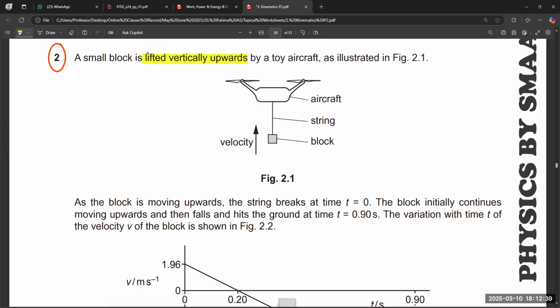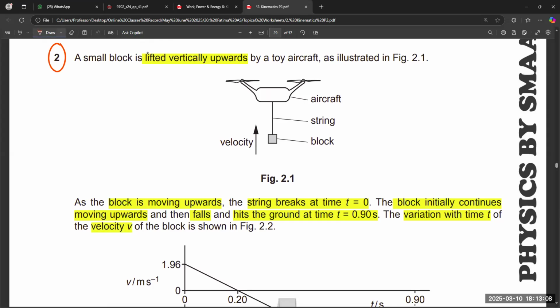As the block is moving upwards, the string breaks at time t equals 0, and the block initially continues moving upwards and then falls and hits the ground at time t equals 0.9 second. The variation with time t of the velocity v of the block is shown in figure 2.2.